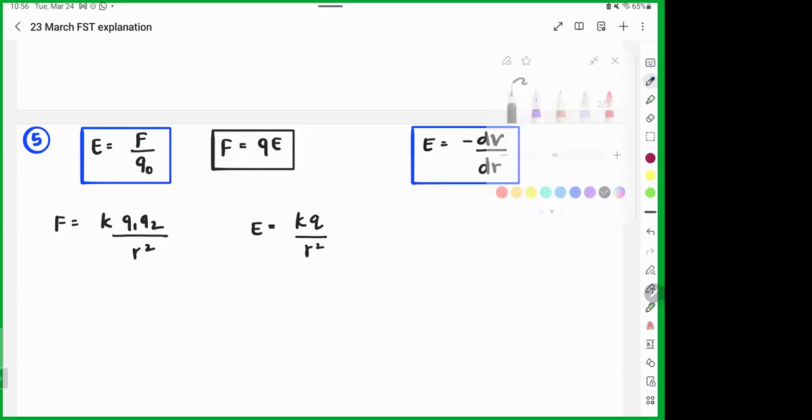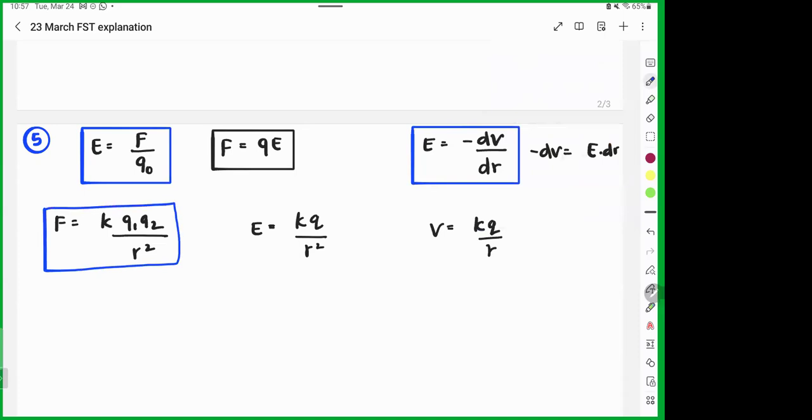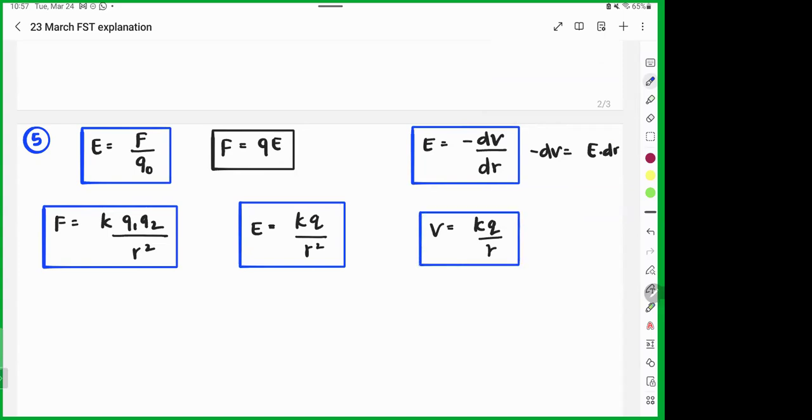So by using this, can we say minus dV will be equal to E dot dr. You can integrate both sides, so your potential will be K Q by R. These are the three important formulas in the form of comparison. In electric field, one charge is less, and in potential, R is in the denominator, like you multiply electric field with R. Understood?